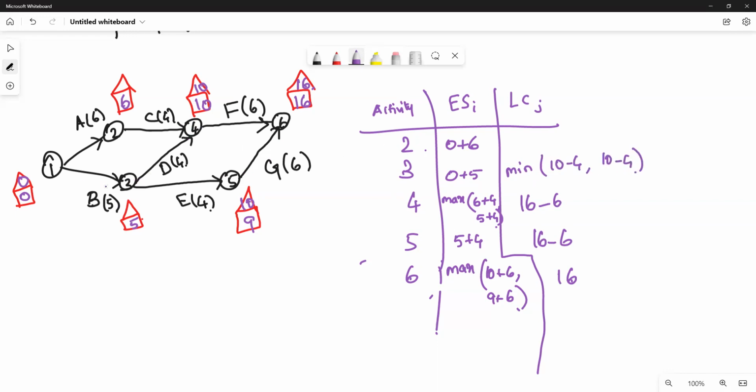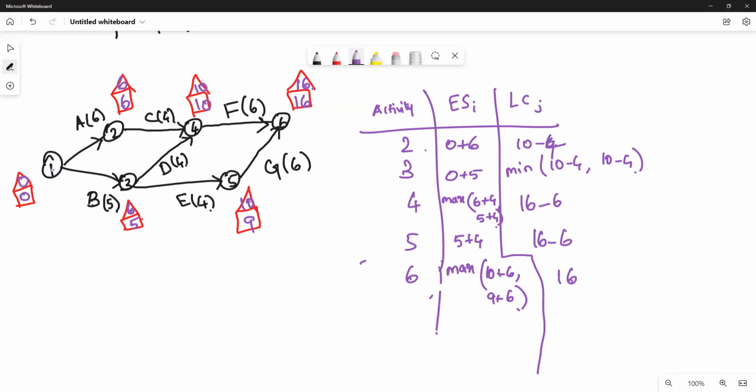Both are 6, so it is 6. For node 2, only one activity is going out, so it is 10 minus 4. That is 6.